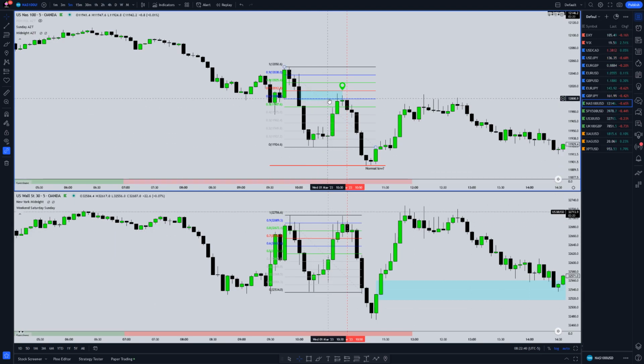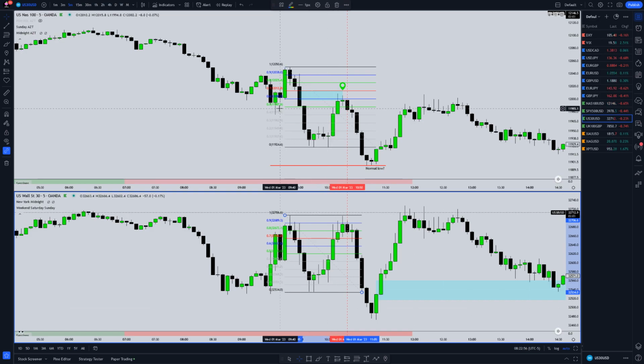NASDAQ retraced to around the blue, so 60%. The Dow retraced to the second blue, the 90%, so 90+%. So just based on that, NASDAQ retraced to about 60, Dow retraced to about 90.